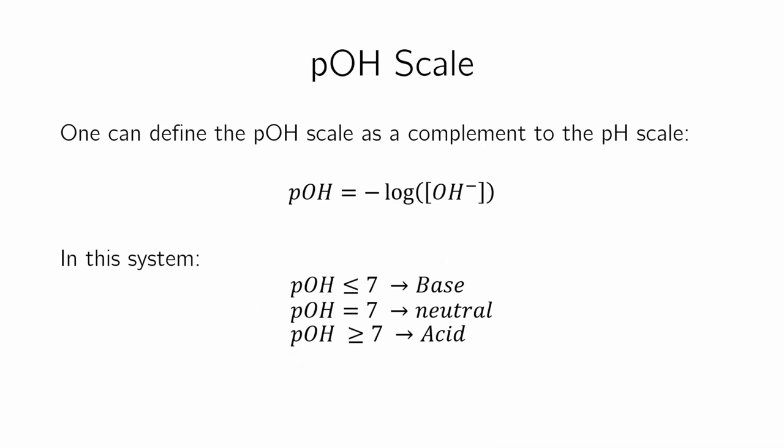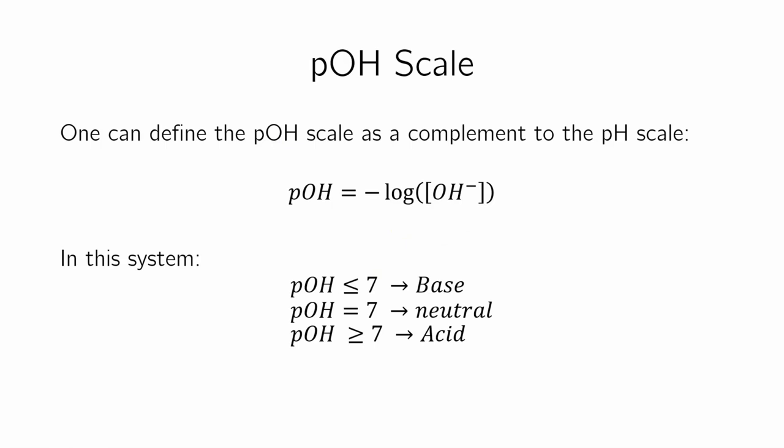It's called a POH. Just so you know, this is not as commonly used, but I just want you to be aware of it. I can define the POH as a complement to the pH, and instead of having negative log of H, it's negative log of OH. Like I told you, P dog would be negative log of dog. POH is negative log of OH. And so in this system, I have the opposite.